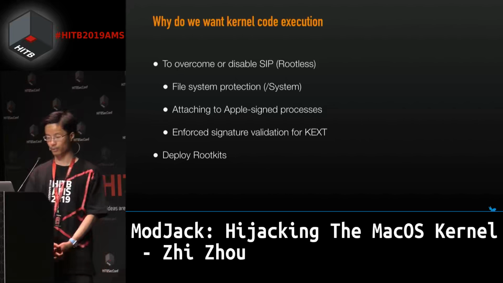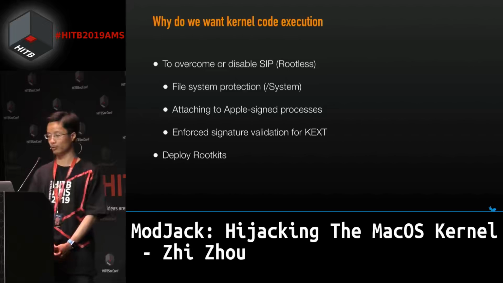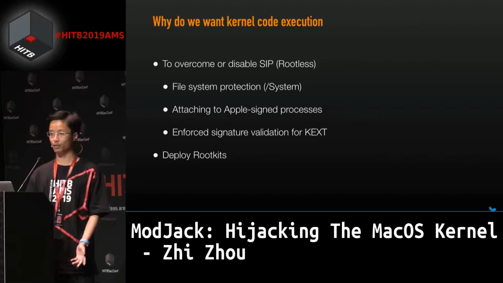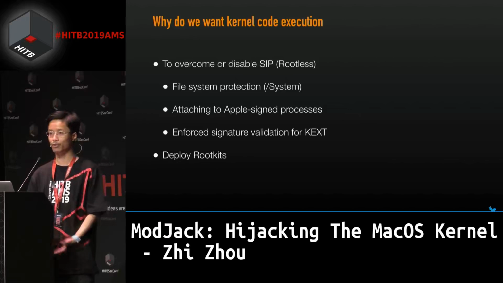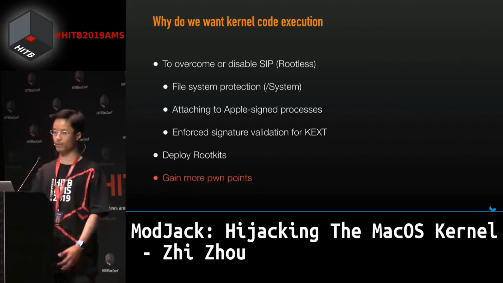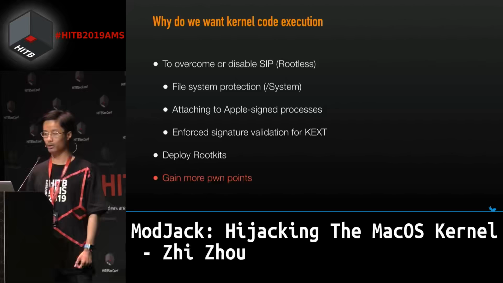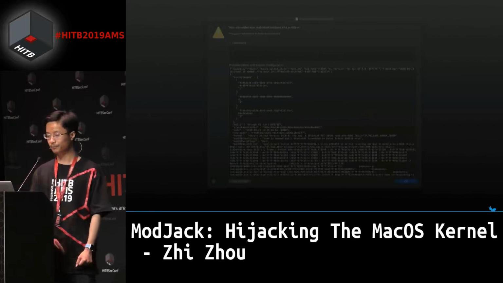For malicious software, it's better to have kernel privilege. With high privilege, you can do things like hide yourself from the Activity Monitor. Finally, higher privilege means higher scores if you want to participate in Pwn2Own-style competitions. So that's why we want kernel code execution.